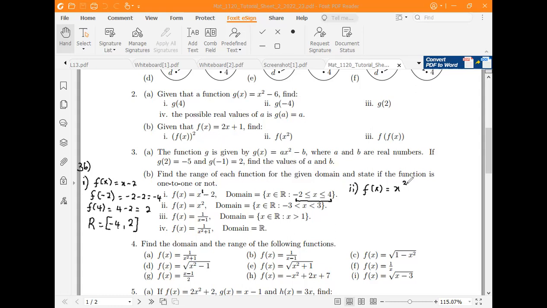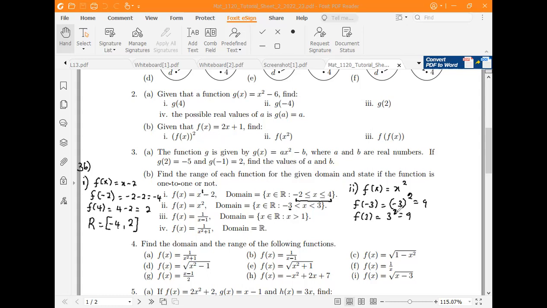If we use -3, we have f of -3 giving us -3 squared, which is equal to 9. If we use 3, we have 3 squared, giving us 9. The two different sign values are giving us the same number.